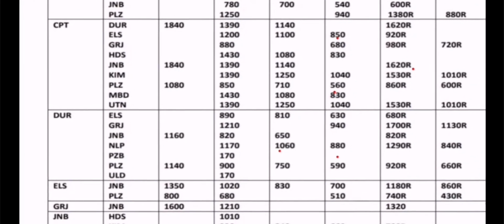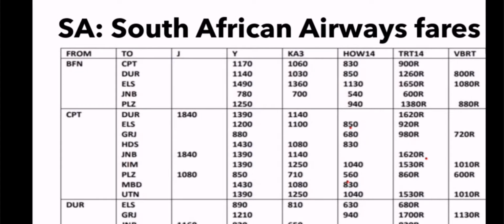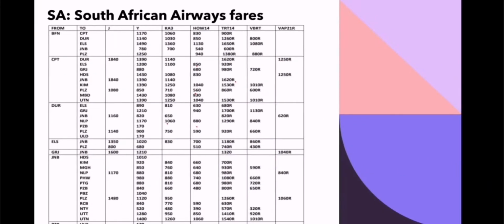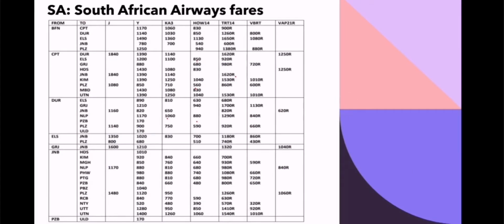So if you are departing from Cape Town to Johannesburg using economy class, which is Y, you're going to be charging the person 1,390. Now, with the South African Airways fares, like I stated before, they don't calculate the fares for infant and child for you, so you will have to calculate it for yourself.